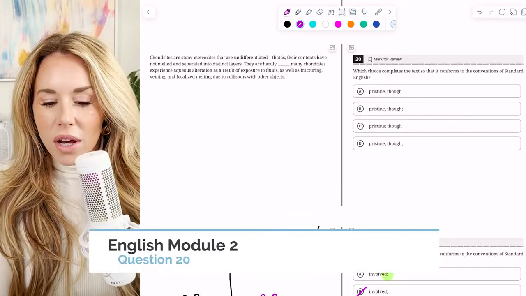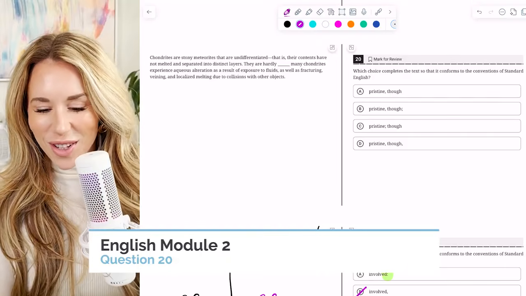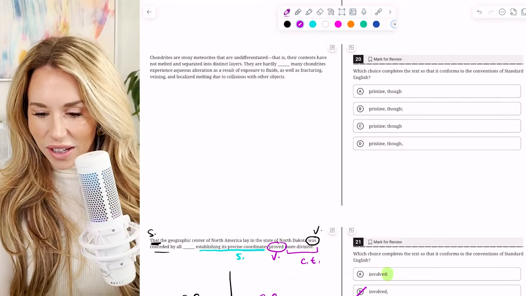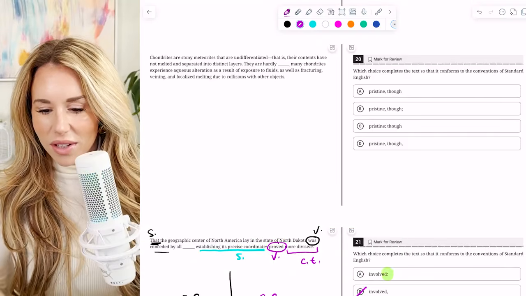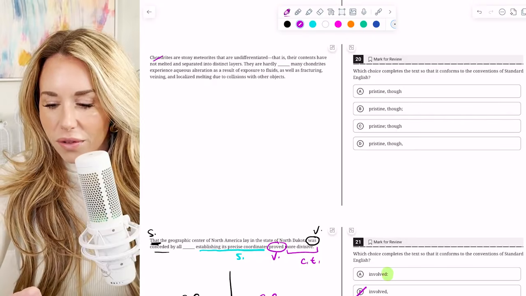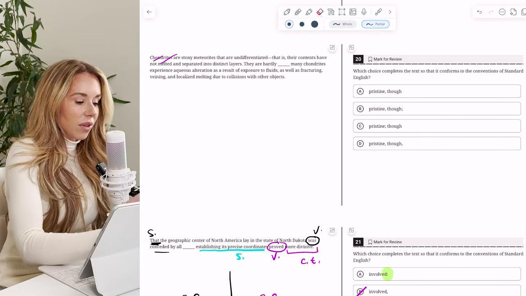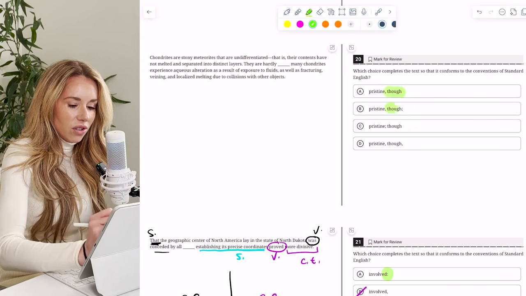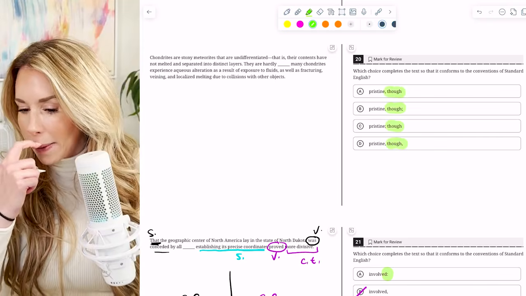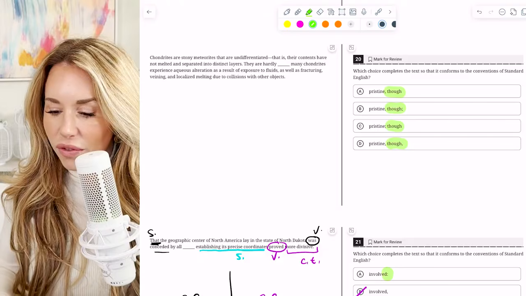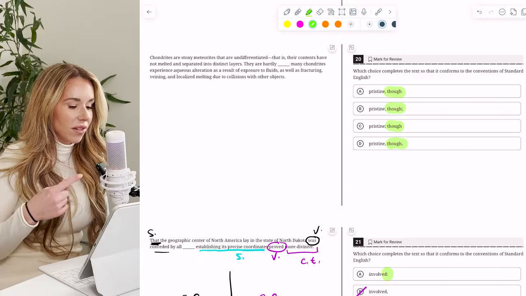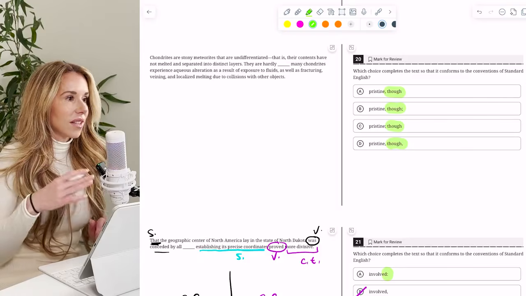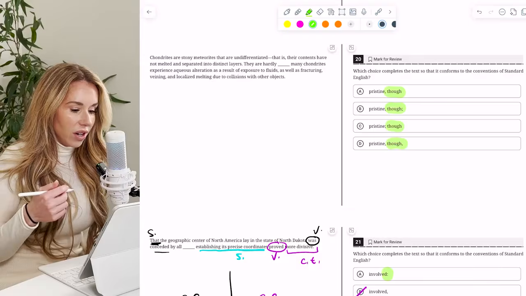All right, we have chondrites are stony meteorites that are undifferentiated. That is, their contents have not melted. Okay, all of that was fluff. Actually, not really, because we have a transition word. So this is a shifting transition where "though" is a contrast. So I need to figure out a couple things. Do I have 2 complete sentences and where do I need to put the contrast?